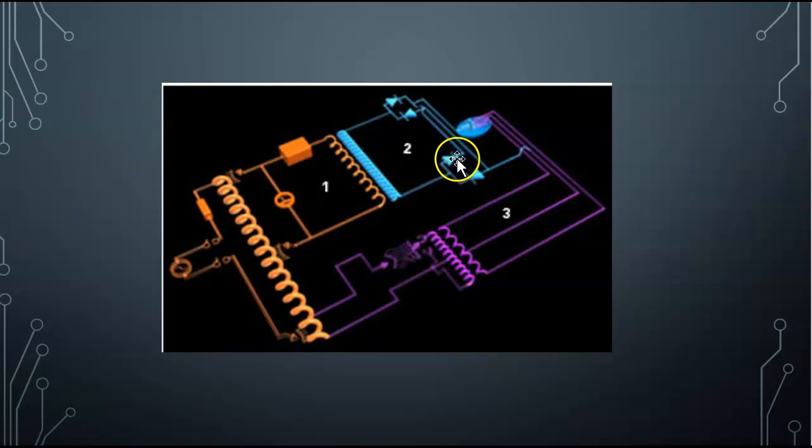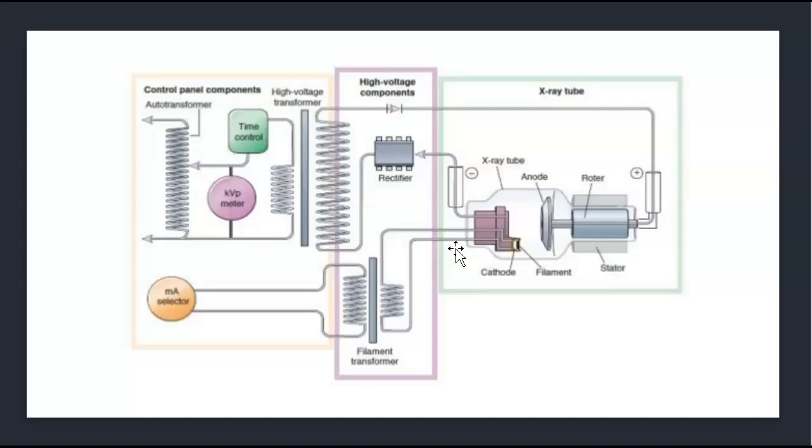Now we're in our high voltage side, and our mA meter should be right about in here. It's not showing it. Then we have our solid state diodes. And then down here on the low end, we have our rheostat for our mA selector. We have our step down transformer taking our kVp down and our mA up, coming around to our X-ray tube. So don't make it harder than what it is.